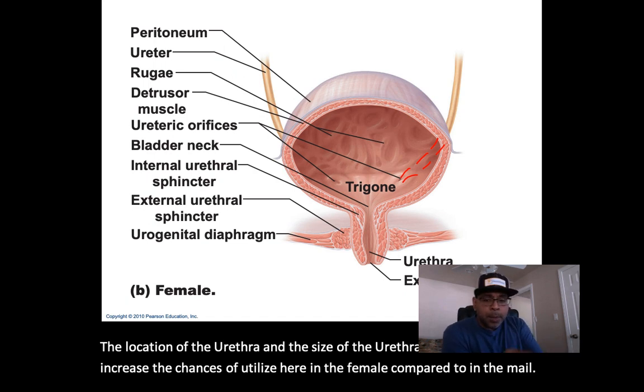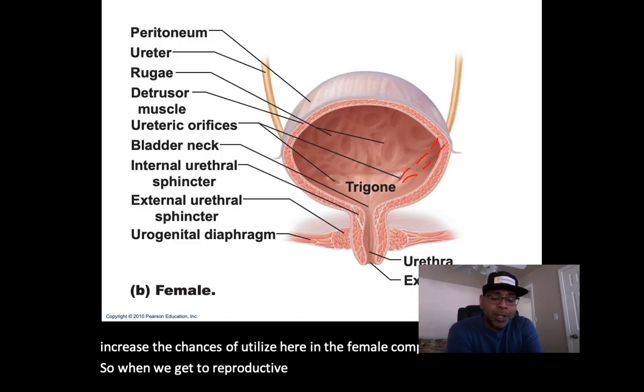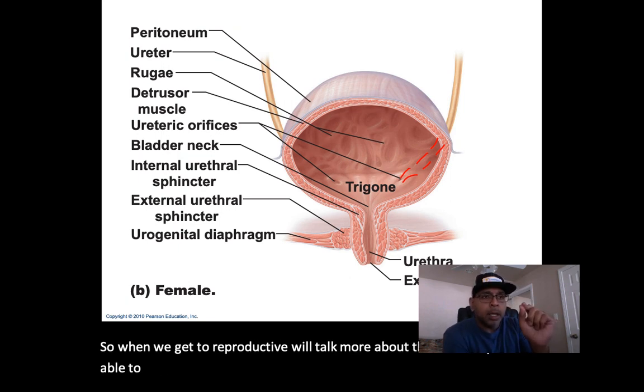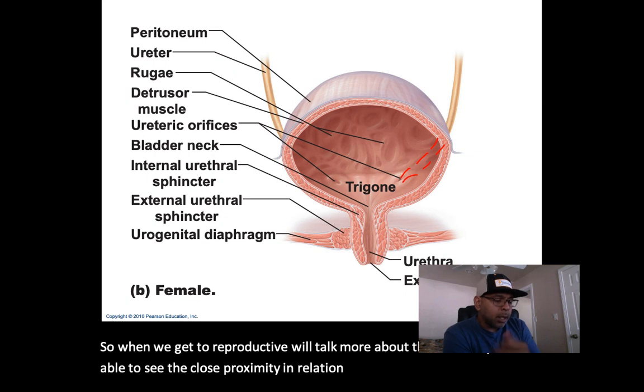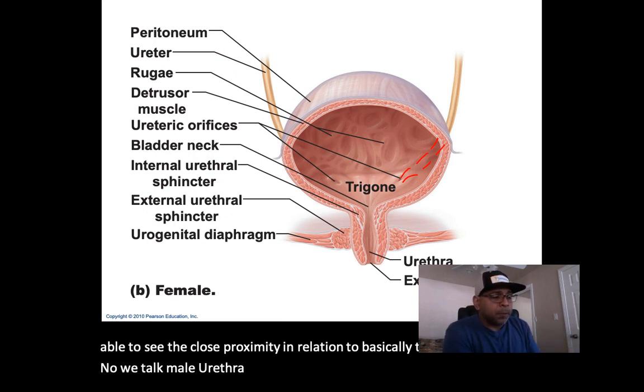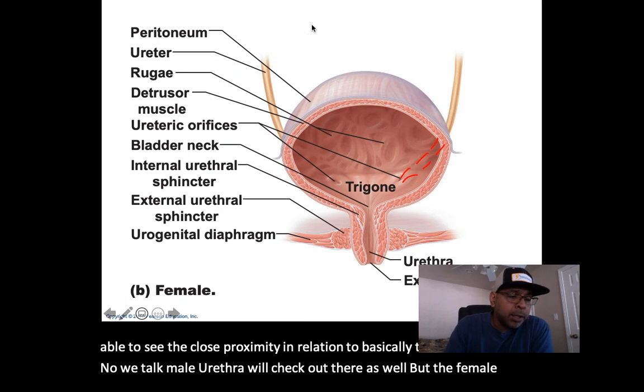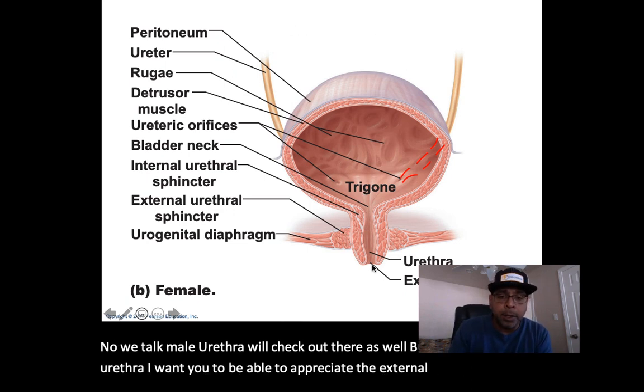So when we get to reproductive, we'll talk more about the location, and you'll be able to see the close proximity in relation to the anus. Now, for the female urethra, I want you to be able to appreciate the external urethral orifice. The external urethral orifice is the external opening.